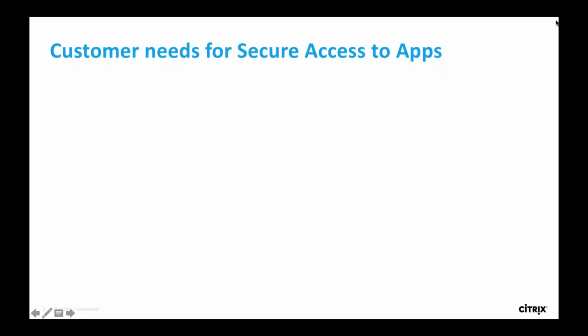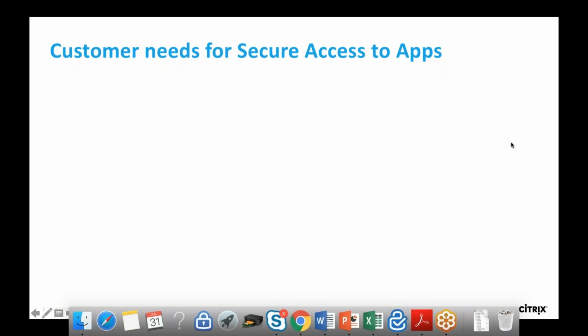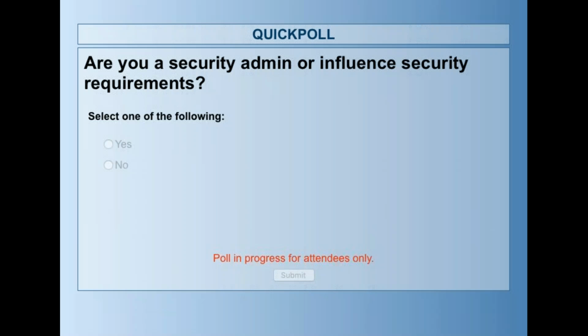So with that, I want to first start with the kinds of needs that we hear from our customers. But before we do that, I do want to ask a quick question and gauge what kind of audience we have today. I'm going to launch a poll, and I'd appreciate it if you can provide answers on what your primary role or function is.